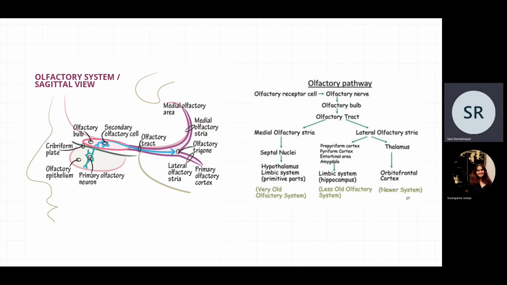As you see in the picture, starting from below, you can see the olfactory epithelium, which is in the superior part of the nasal cavity. It's also surrounded by other cells, other than bipolar cells, which are the first order neuron of the olfactory pathway. These other cells are sustentacular cells, also called supporting cells, and stem cells or basal cells.